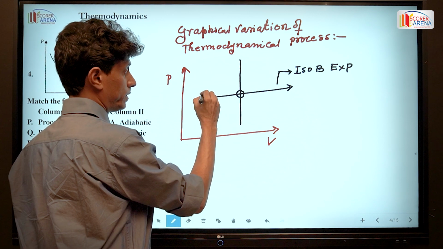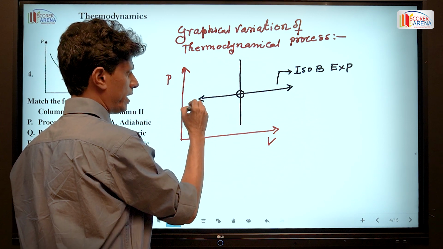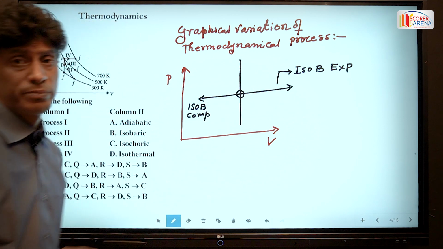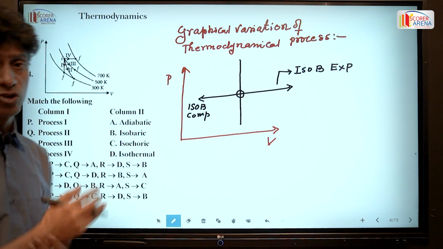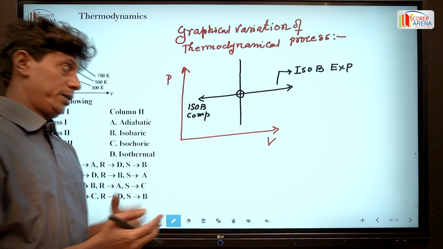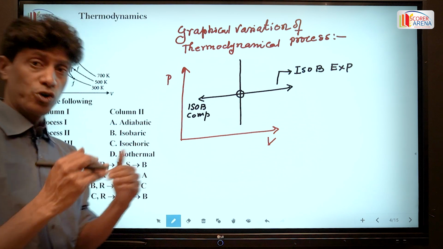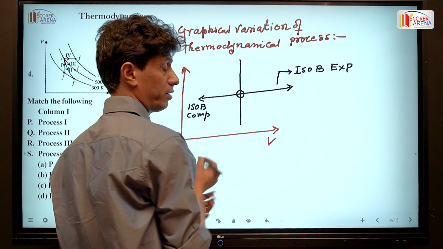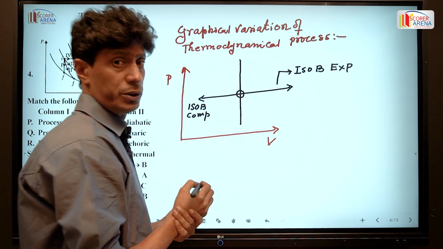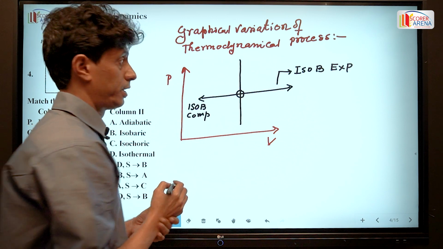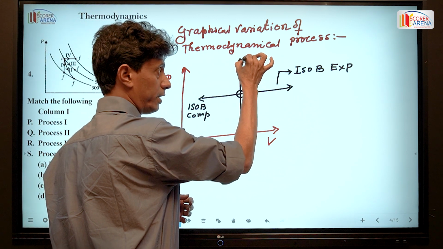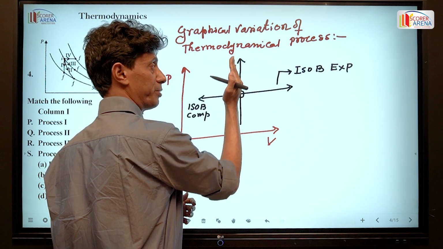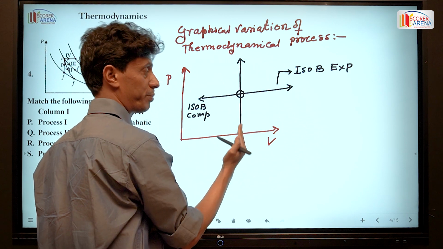And similarly, this can be written as isobaric compression. Isobaric means the process in which pressure is constant, with changes of volume and temperature at constant pressure. Here is another line, parallel to the pressure axis. The arrowhead given here represents that the pressure is increasing, keeping volume constant.